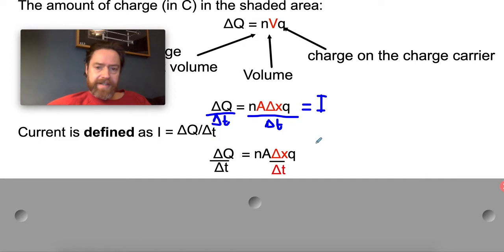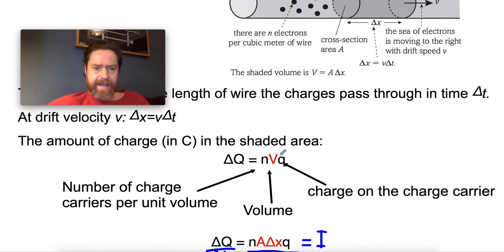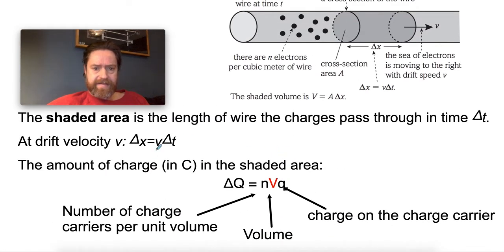And then if you notice, we've got that length x divided by time. That is the same as this velocity, because the drift velocity is going to be delta x over delta t.